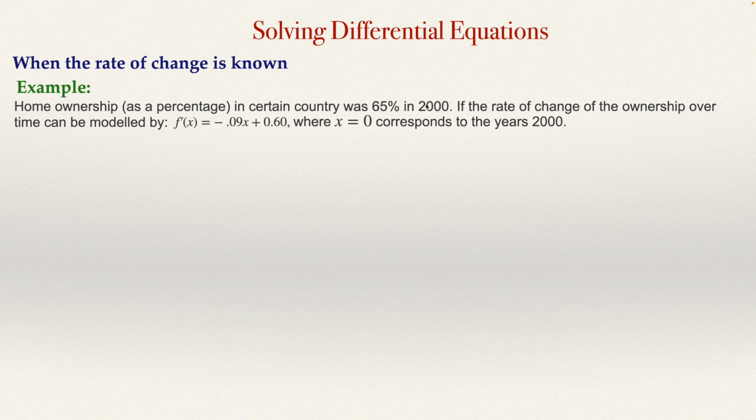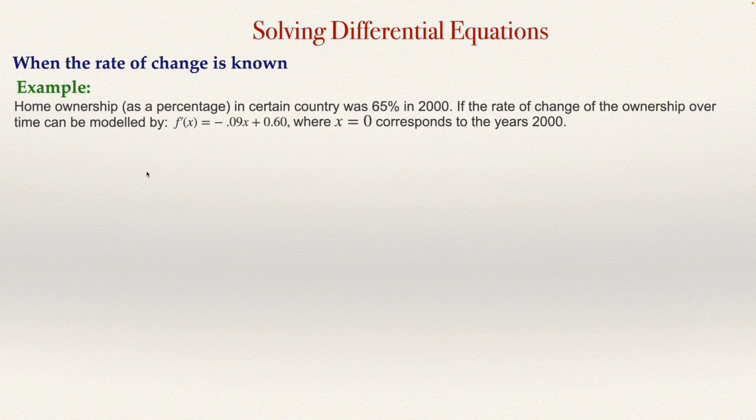So for x equals 0, we know a value of the function, which in this case we call y. So this is a problem in which you know an expression for the rate of change, and also the value of y for a special value of the independent variable, which in this case is the time x.